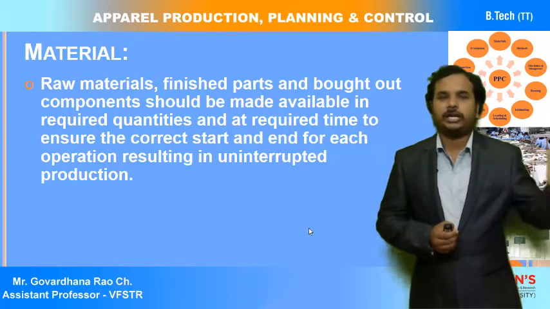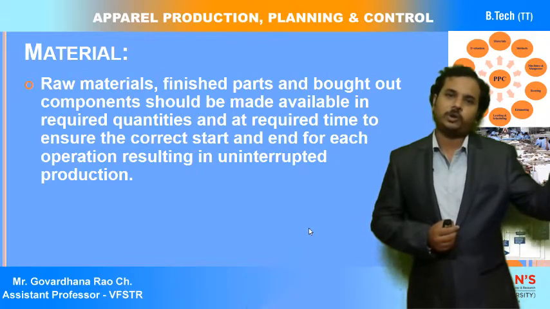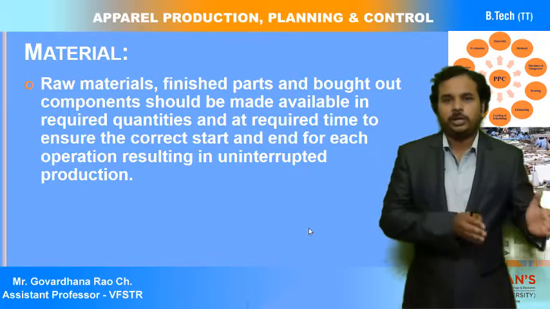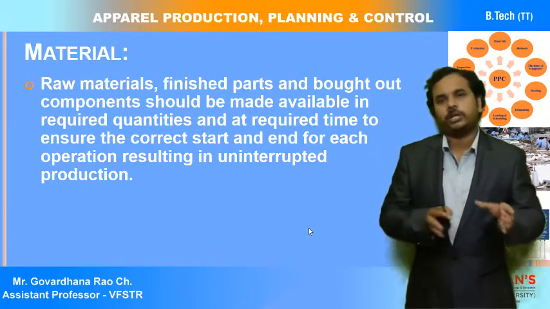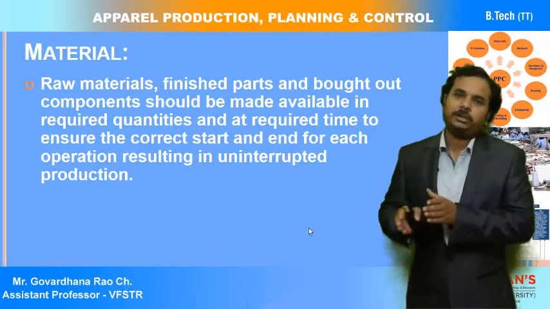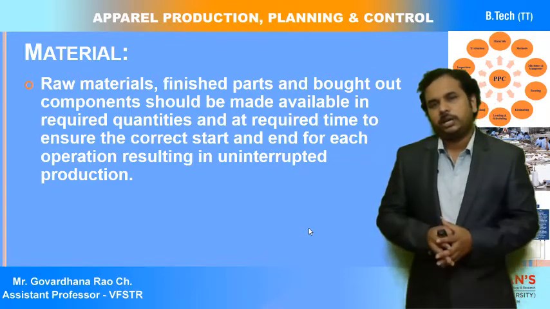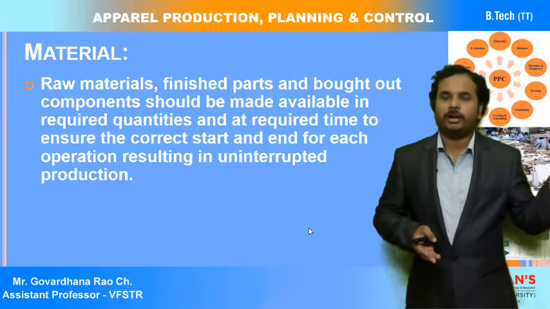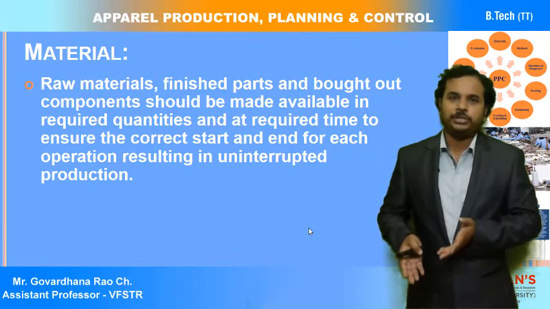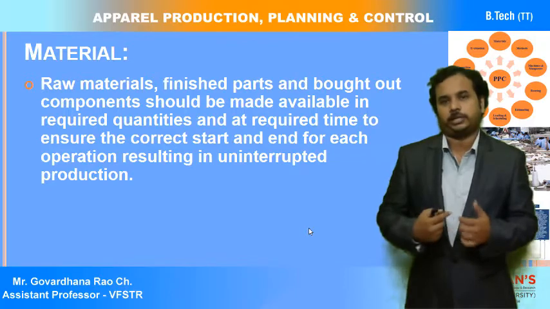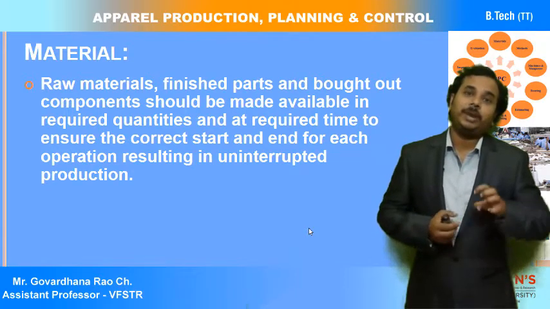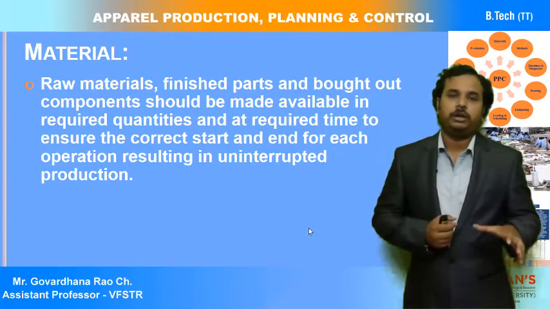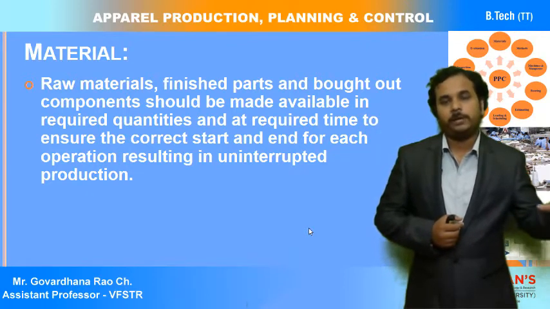If the material has not reached as you planned, production will continue only till the material lasts. After that you cannot produce anything, so you have to replan. That is why we need to ensure the material is available in the required quantity.